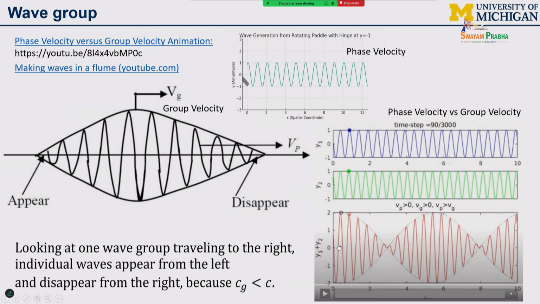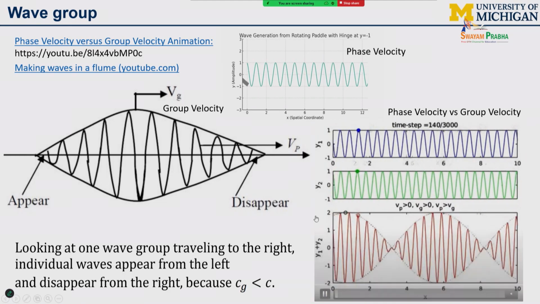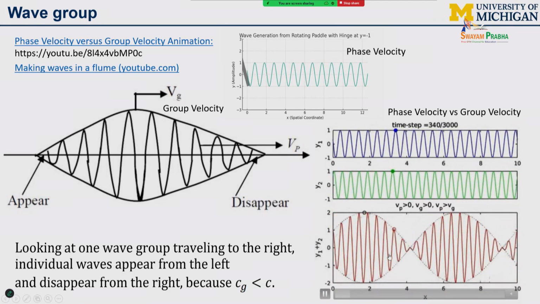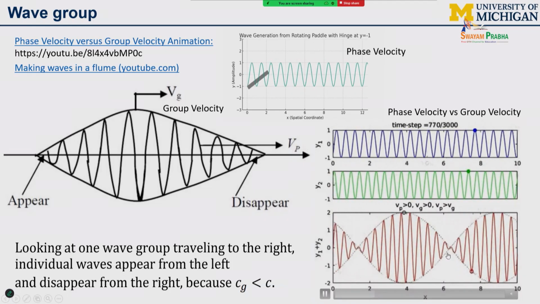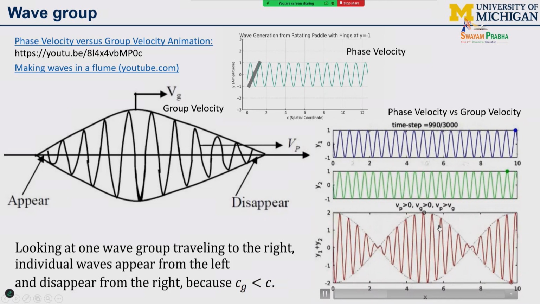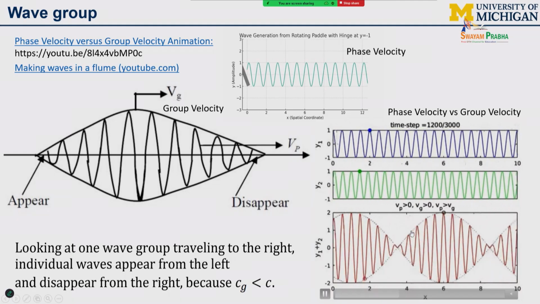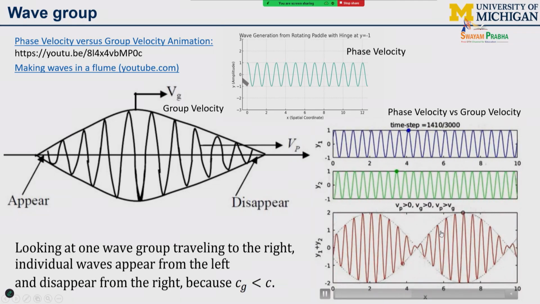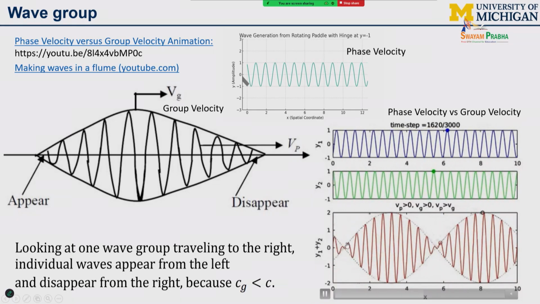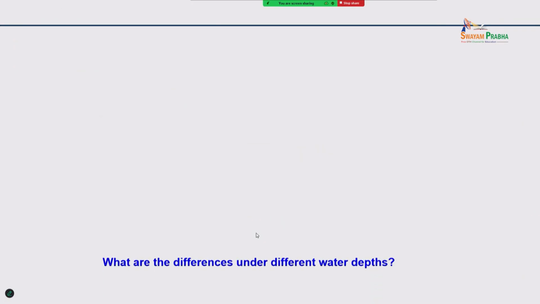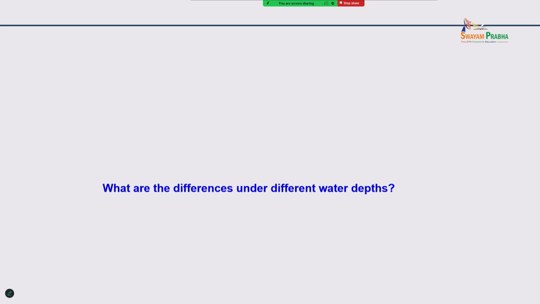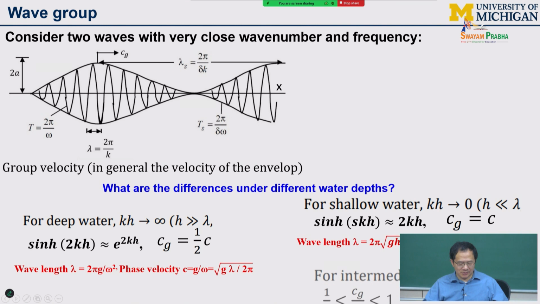So this already gives the sense that the group velocity and the phase velocity are different. This figure shows the red dots move faster than the black, which means the group velocity is smaller than the phase velocity. Okay, so group velocity and phase velocity are different.